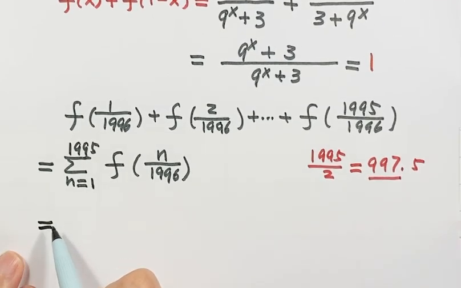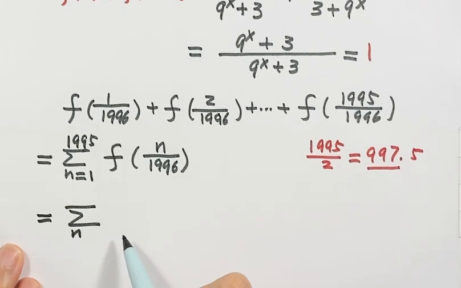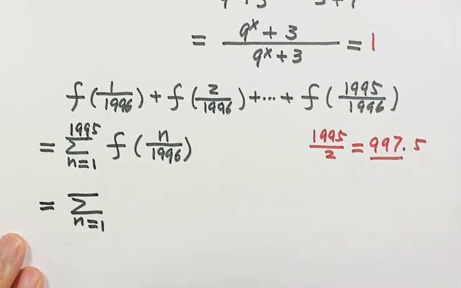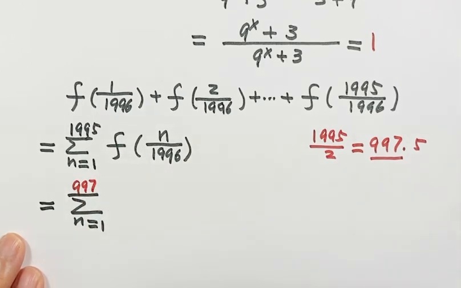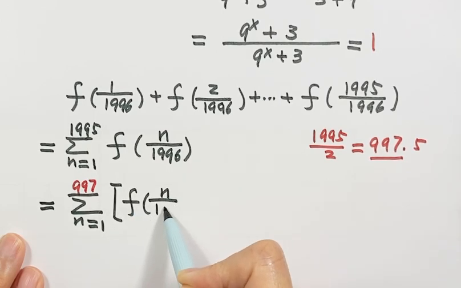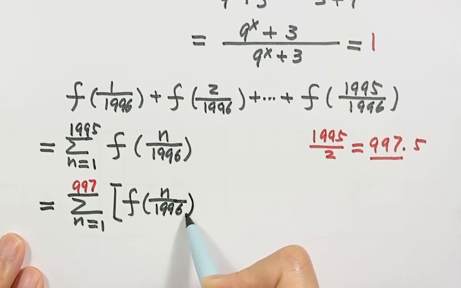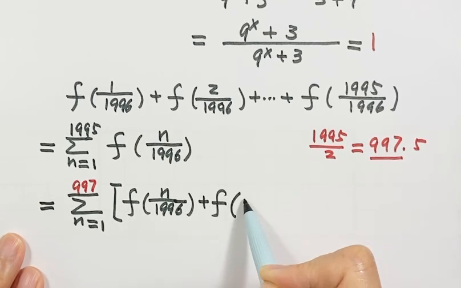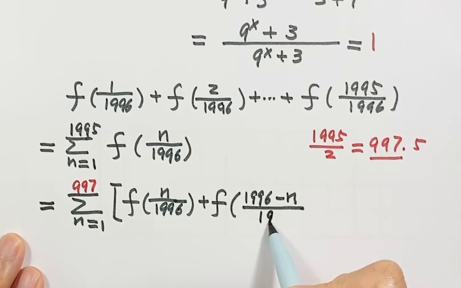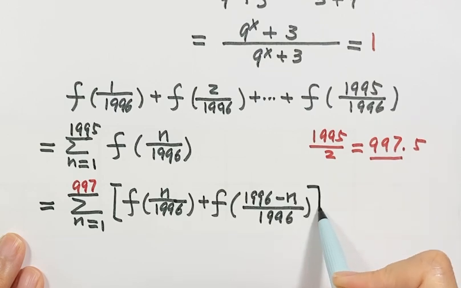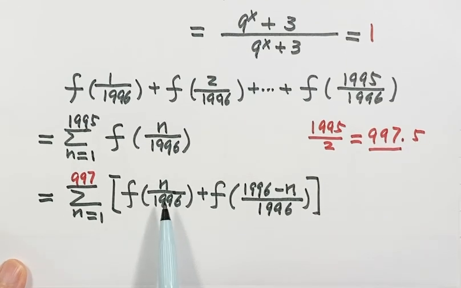So we sum n from 1 to 997. Let's do the pairing: f of n over 1996 plus f of (1996 minus n) over 1996. When n is 1, that's the first term, and 1996 minus 1, 1995, is the last term.